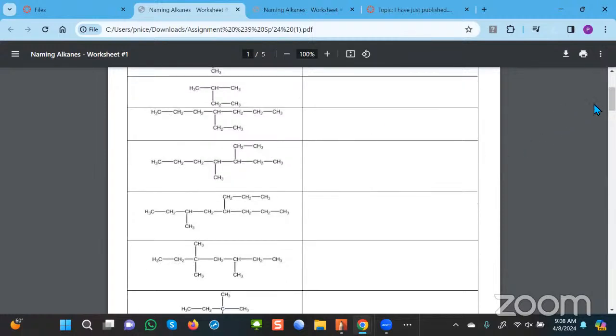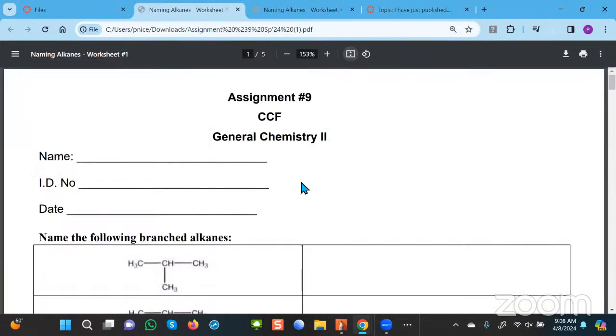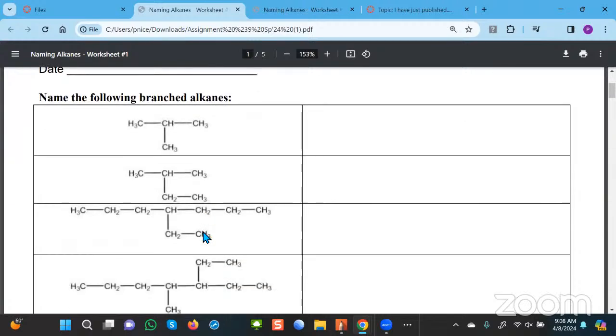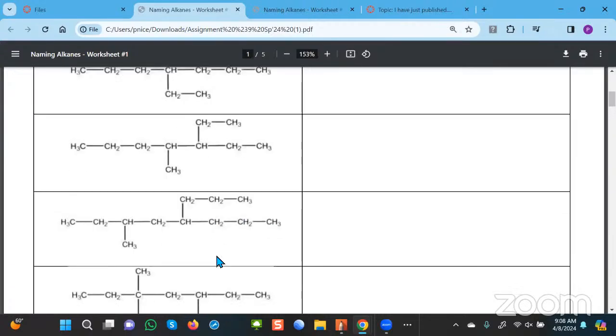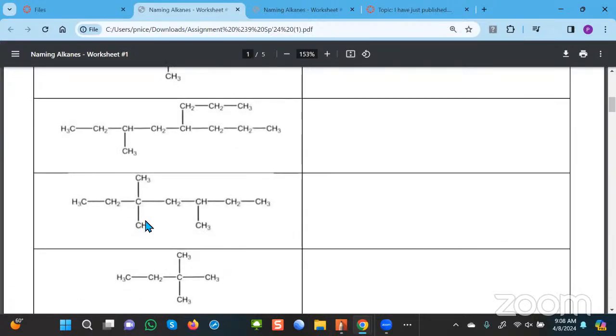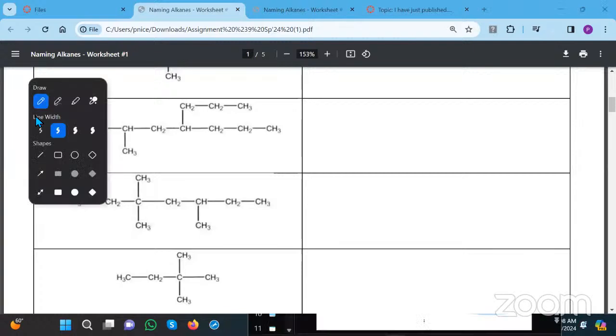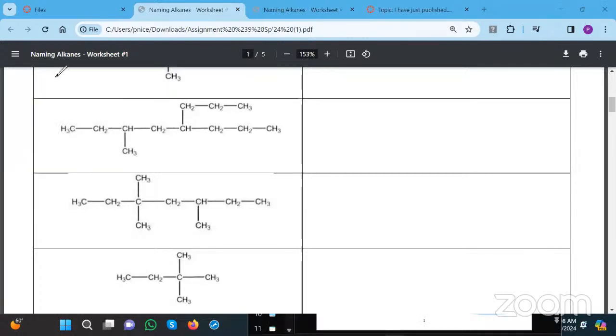Okay, so which one are you talking about now? 1, 2, 3, 4, 5, 6. Okay, this one? Right, so in this case, as you correctly said, you have 3 methyl groups hanging off the longest chain. So I guess you're wondering from which end you start counting? Let me see if anybody out there in Zoom can tell me.